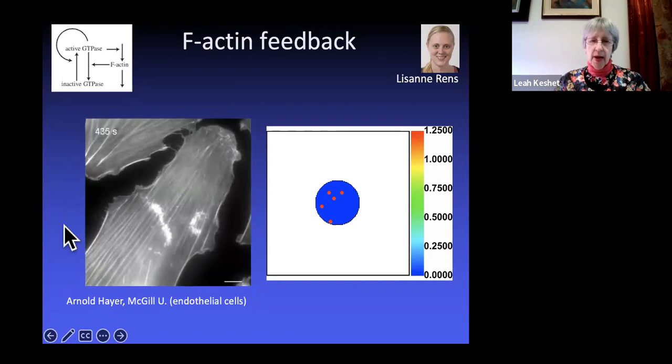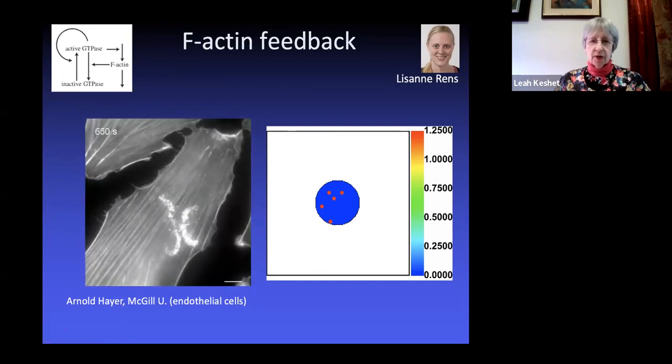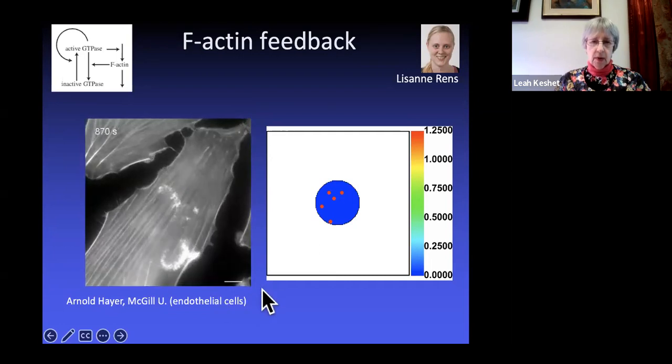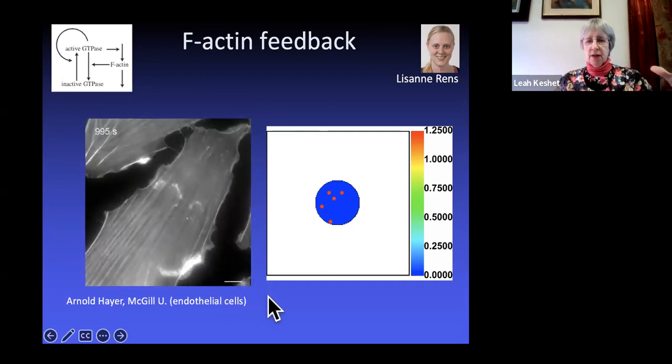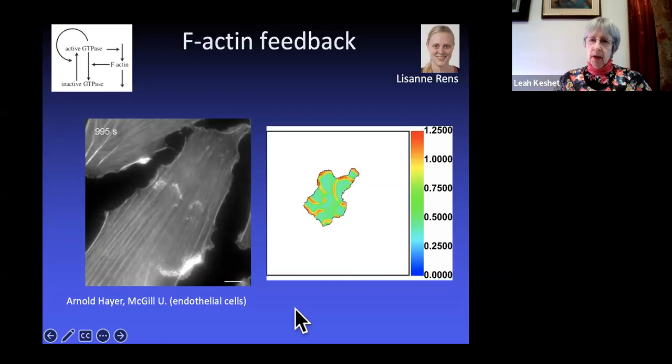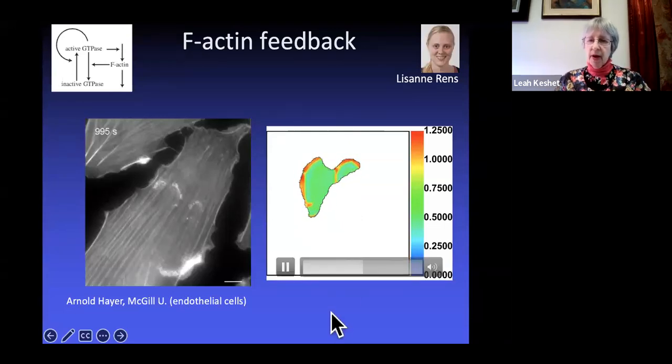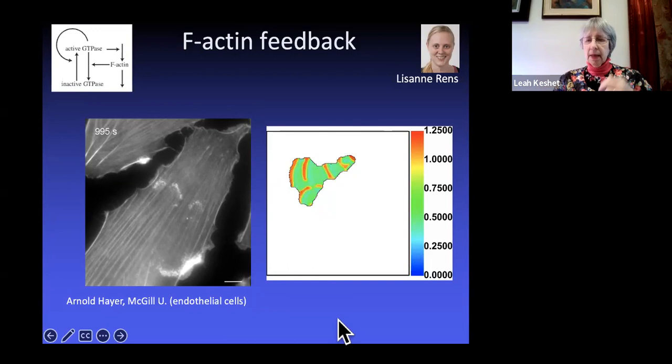As that wave hits the edge of the cell, you'll see that it pushes out that edge. Here's a simulation by Lizanne of something similar, where she's simulated a reaction diffusion system precisely as shown in the icon up here in one of these deforming domains. You see that it has this spiral wave in the interior, and it pushes out the cell boundary.